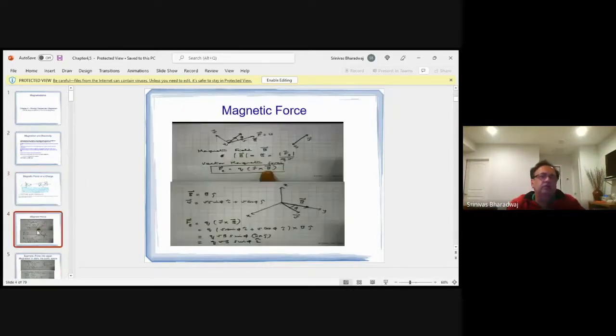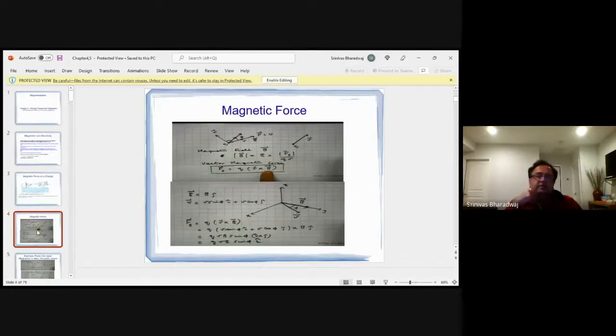So you have to understand Q times V cross B. This is not a charged particle in an electric field. This is a moving charged particle in a magnetic field, and therefore you end up with a cross product.